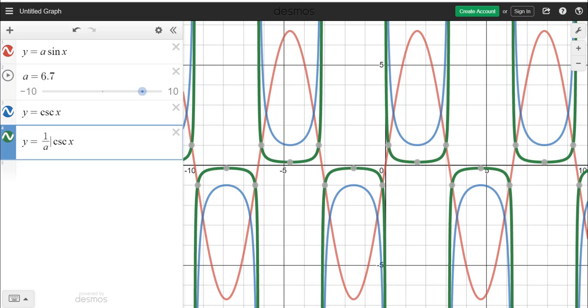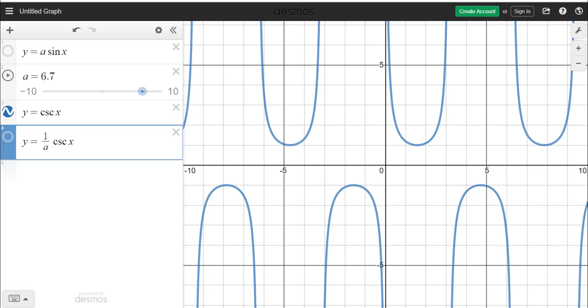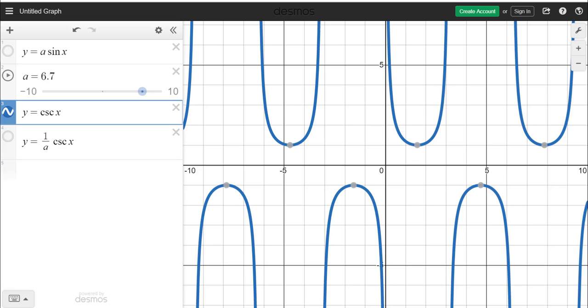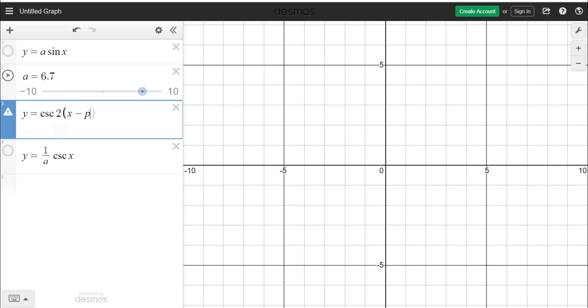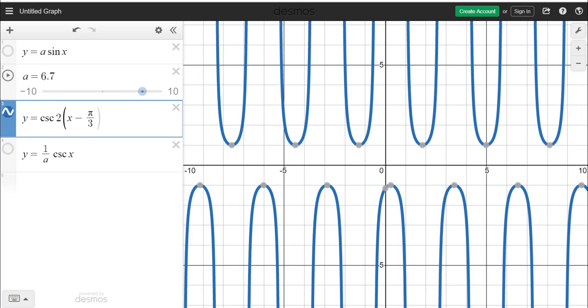So that's your comparison. And if I turn that one off and turn this one off, there's cosec x. If I do 2 times cosec x, it doubles it. If I do cosec 2x, it does that compression that we expected. And if I do cosec 2x minus pi on 3, it's done that compression and slid it along.